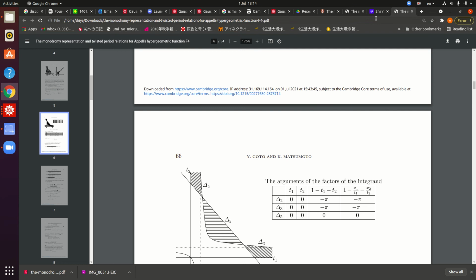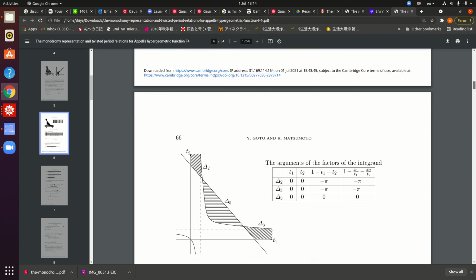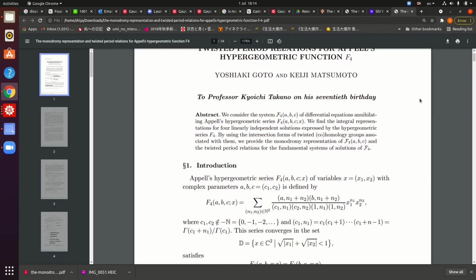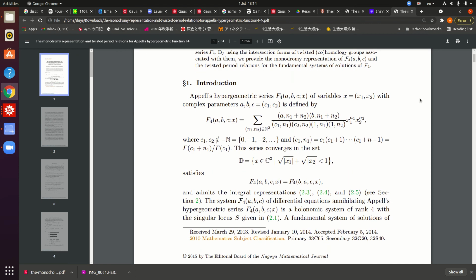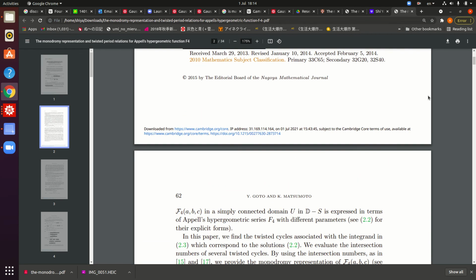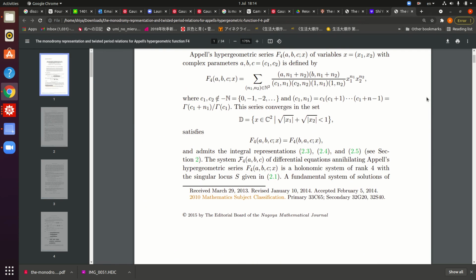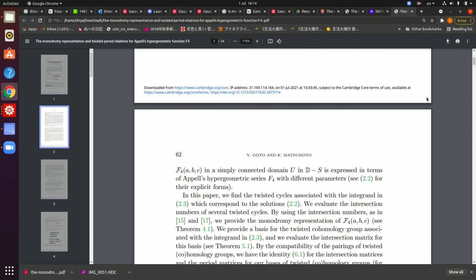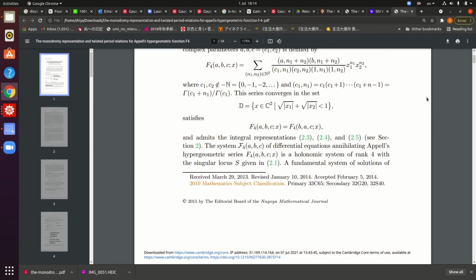By the way, I think that the domain D, maybe the answer is given here in some way. Look at the beginning of this paper, the very beginning. They say that the series is convergent in the region that is bounded by square root of x1 plus square root of x2 smaller than 1.